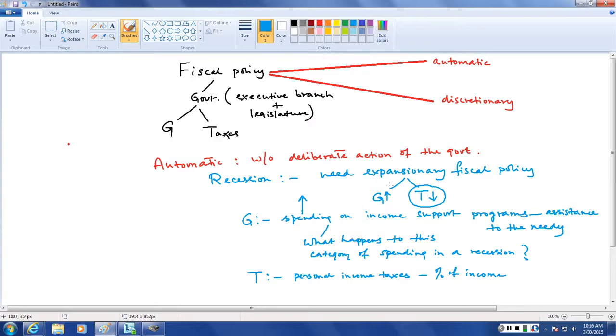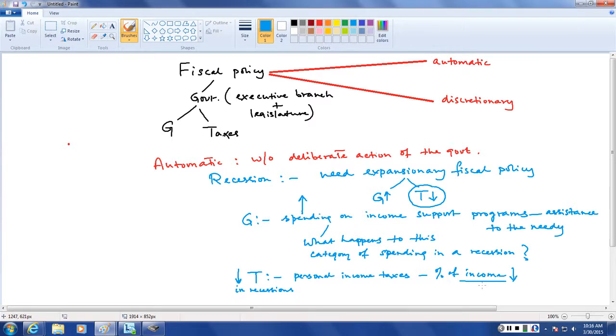Is that correct? Right? So what happens here is that in a recession, T is going to fall. It's going to fall because people's incomes tend to fall during recessions. And so the government's share of people's incomes is going to fall. So what am I saying here about automatic fiscal policy?